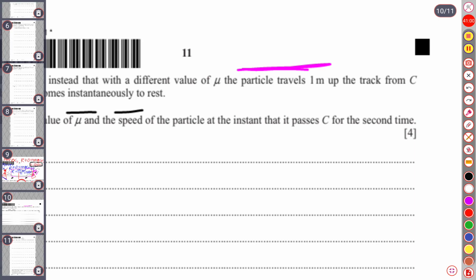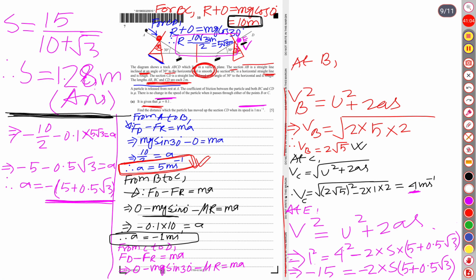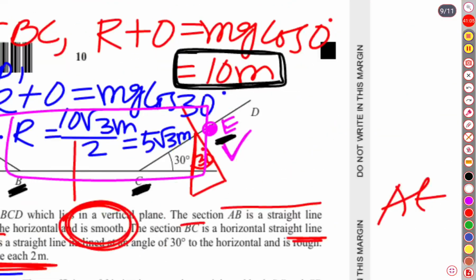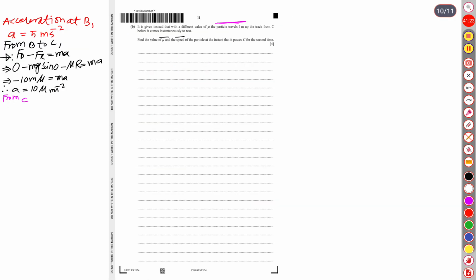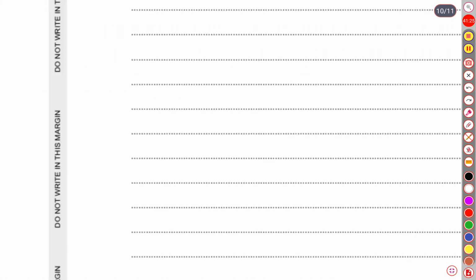So we may suppose it to be at E. It didn't reach D. Here it has reached up to E, and the distance from E to C is 1 meter.